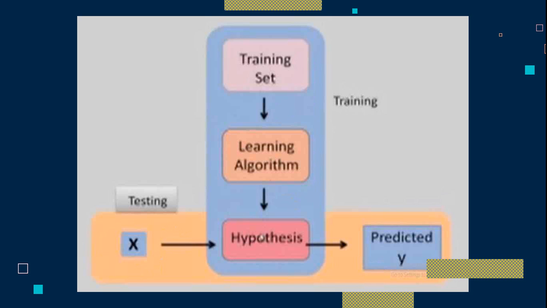So what exactly does it do? For the supervised machine learning algorithm to work, you require some training data set. Then you have to use a learning algorithm and the hypothesis. In the next slide, we will see what the hypothesis is. All these three come under the component called training.